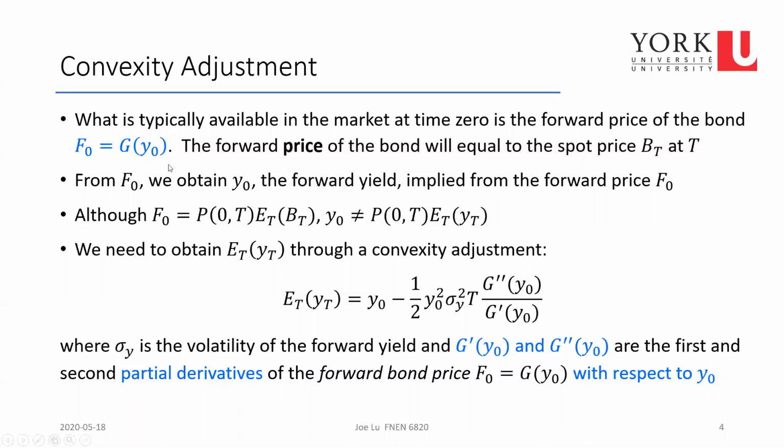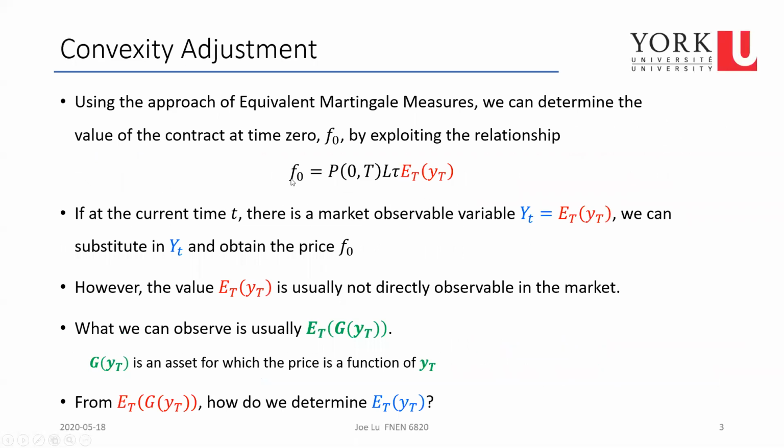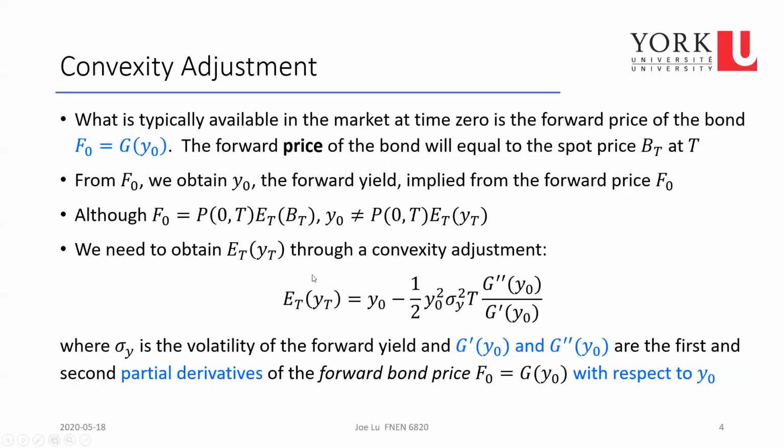But Y_0, the implied yield, is not the expected yield. So you can't make a direct substitution to calculate the price of this F_0 here, right? But you can obtain this expected yield by making an adjustment based on this implied yield.